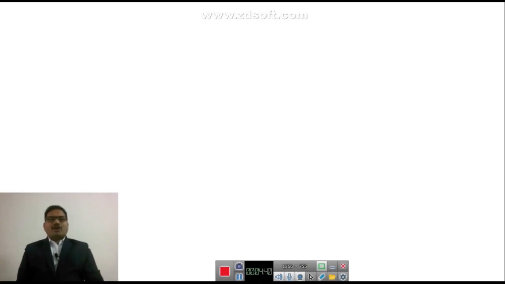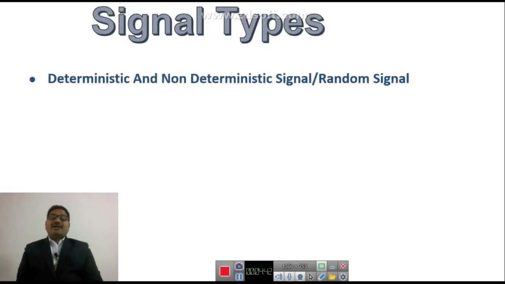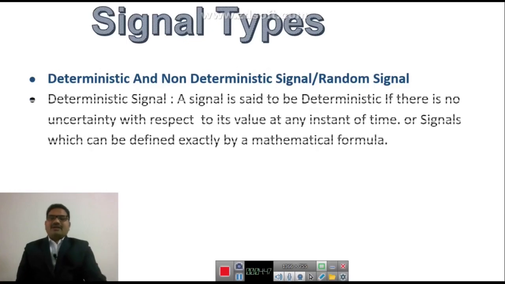Basically, signals are of two types, deterministic and non-deterministic. A signal is said to be deterministic if there is no uncertainty with respect to its value at any instant of time, or signals which can be defined exactly by a mathematical formula.